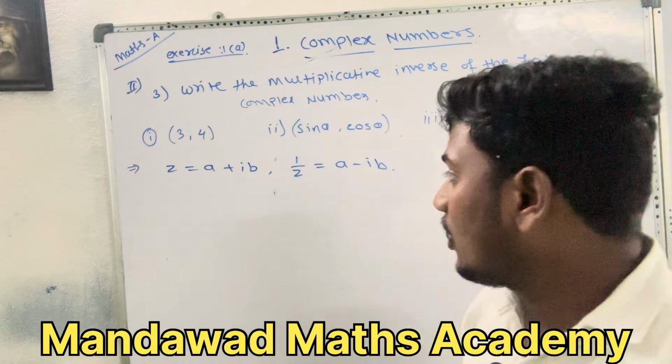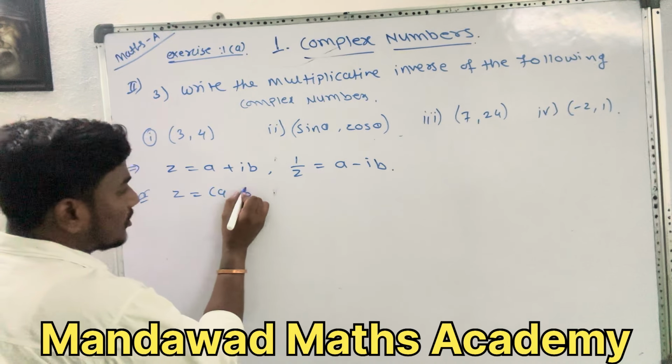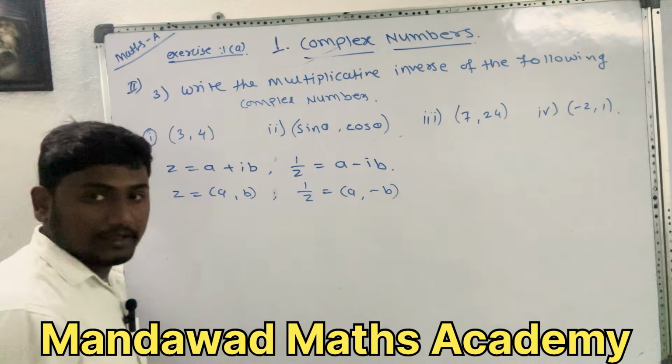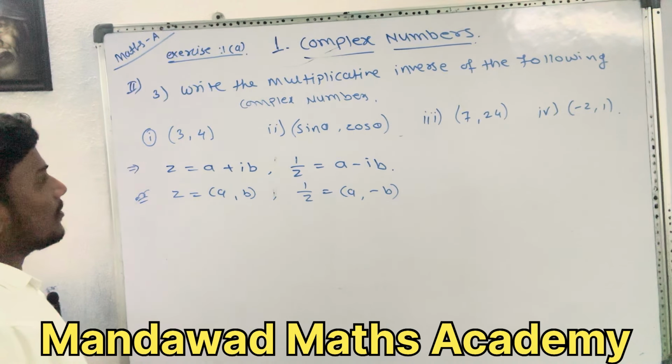Or suppose Z is equal to a comma b, then 1 by Z is a comma minus b.